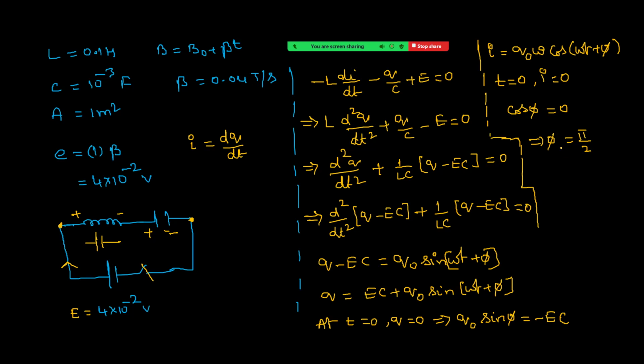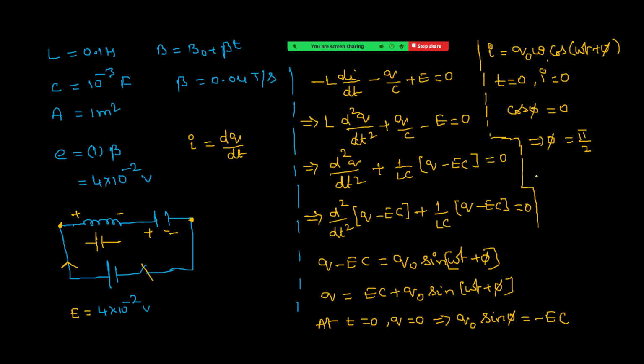Once the phi value is known, see what he is asking here. See the question once. He is asking for the maximum magnitude of the current. Maximum magnitude. So here, even this calculation is not required, meaning even phi is not required, because this is current and this value is maximum if this cos function is maximum.